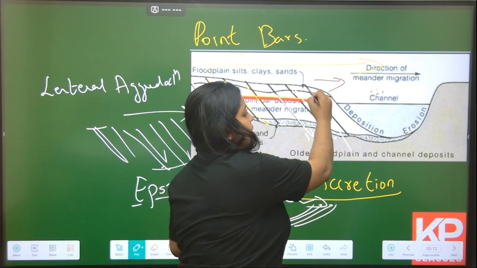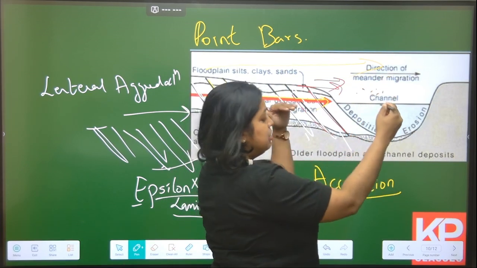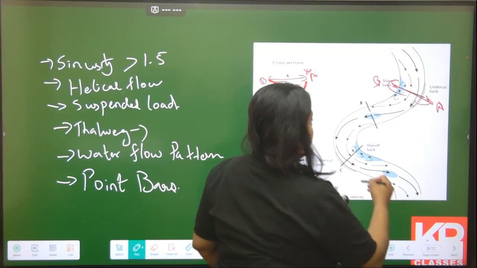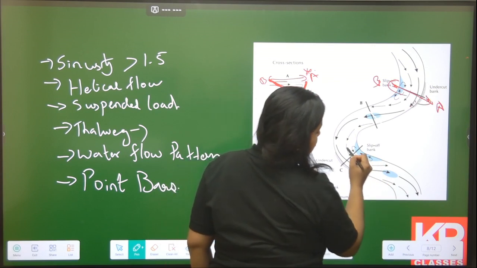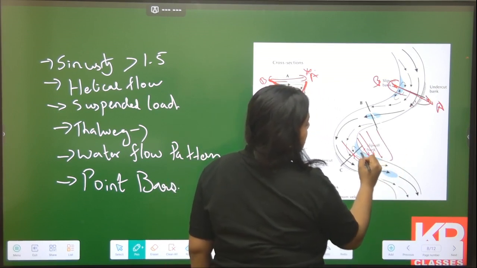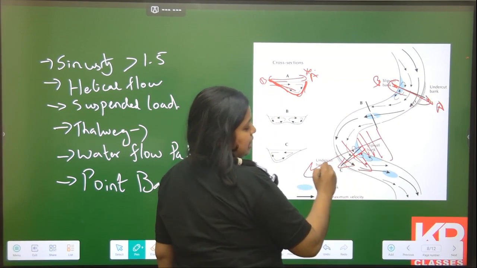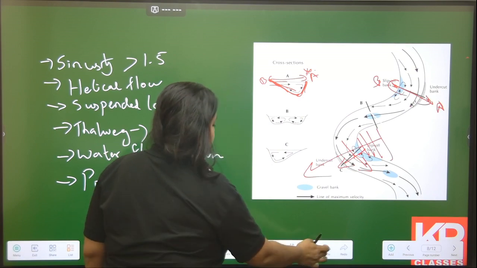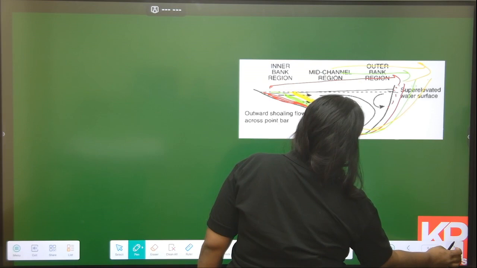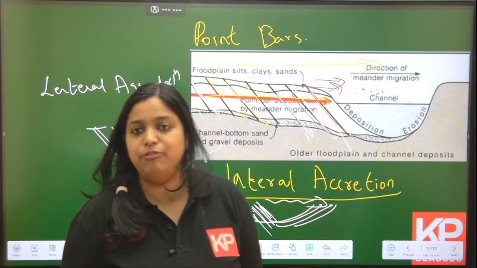The point bars dip in this direction and the flow happens in this direction. Hence, the flow takes place perpendicular to the direction of point bar deposition. For example, the flow happens in this direction, point bars will be stacking over here and dipping in this direction, and migration will be happening in this direction. So I can say that the direction of channel migration is perpendicular to the direction of channel flow.